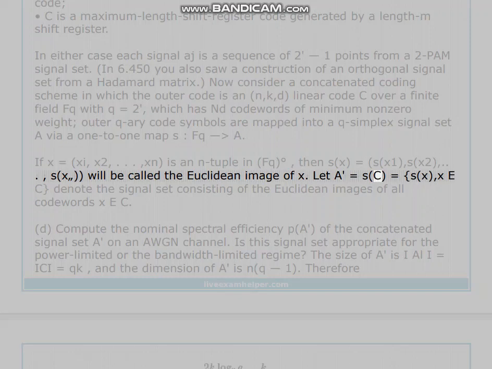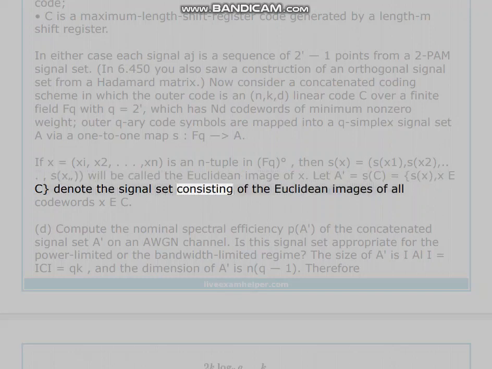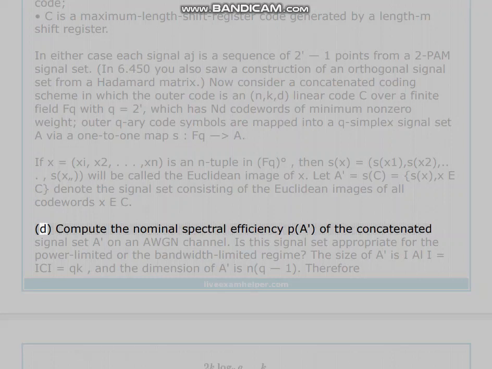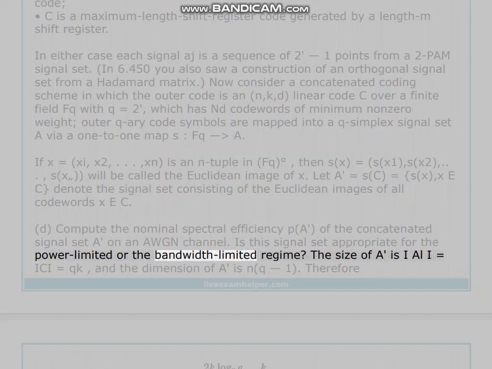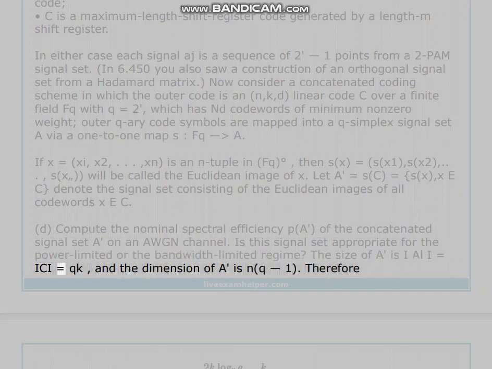Let A' = S(C) = {S(x), x ∈ C} denote the signal set consisting of the Euclidean images of all codewords x ∈ C. D. Compute the nominal spectral efficiency ρ of the concatenated signal set on an AWGN channel. Is this signal set appropriate for the power-limited or the bandwidth-limited regime? The size of A' is |A'| = |C| = q^k, and the dimension of A' is N = n(q - 1).